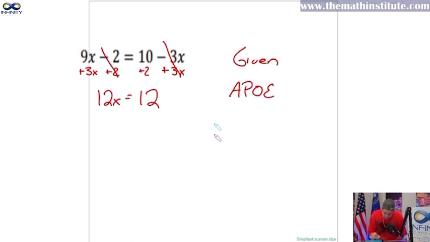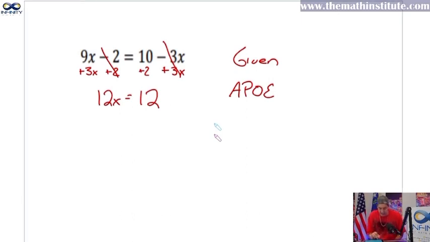All I need to do, this says 12 times x. What's the opposite of multiplying by 12? Dividing by 12. Anything I do to one side, I do to the other. Some math professors like to call this DPO, the division property of equations. But at Infinity, we believe, or we know, division is multiplying by the reciprocal.